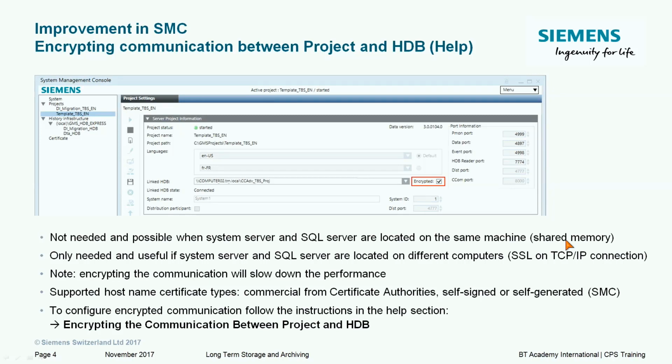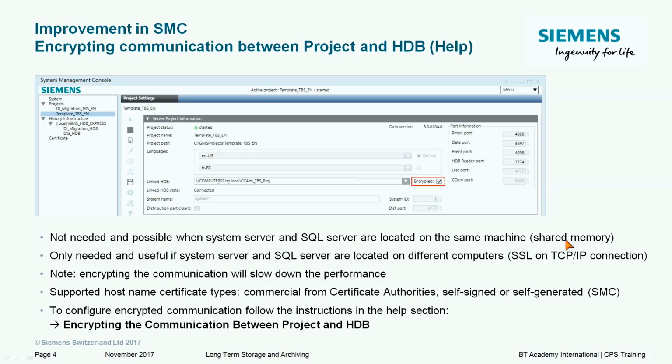From the point of view of security, the machine itself should be secure. So make sure that the machine is secured, and the communication to the machine is secured. But having the SQL server and the WinCC server with the project on the same machine, this feature is not needed and is also not possible.